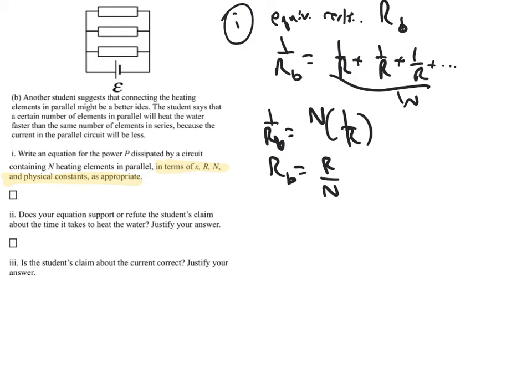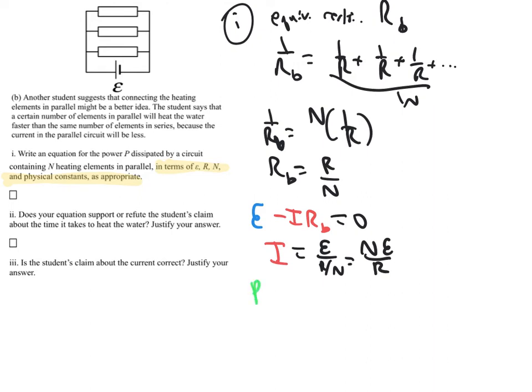All right, then we can say again that by Kirchhoff's loop, E minus I RB is 0. So I is E over R over N, or NE over R. And so the power, which is VI, is the battery's voltage times N times E over R, or N E squared over R.